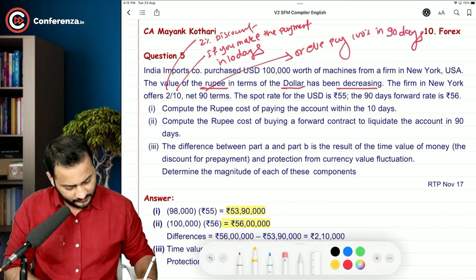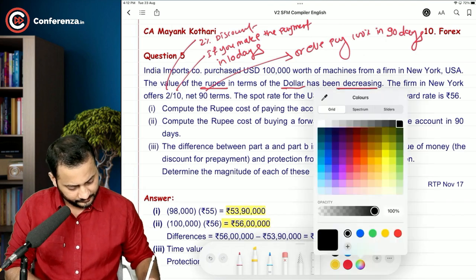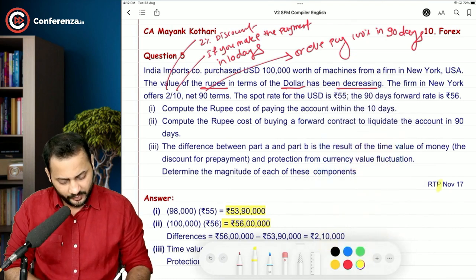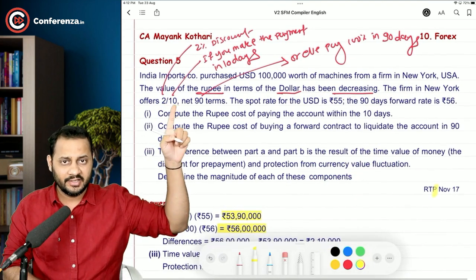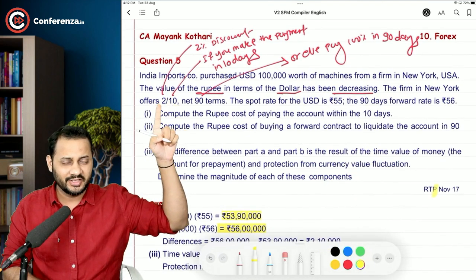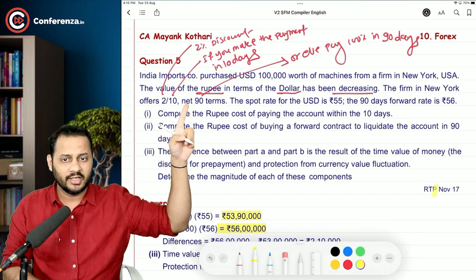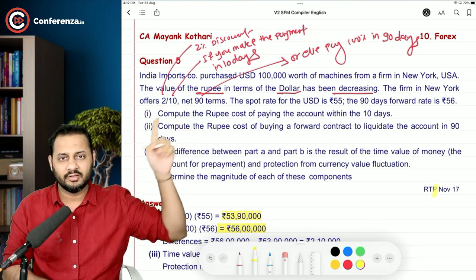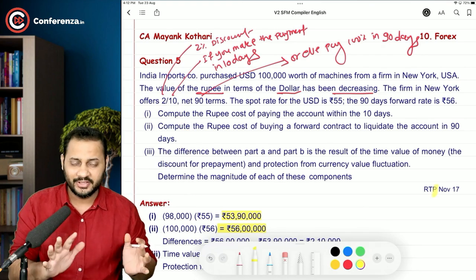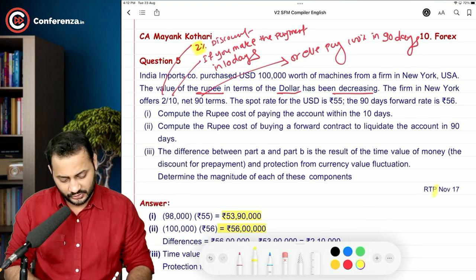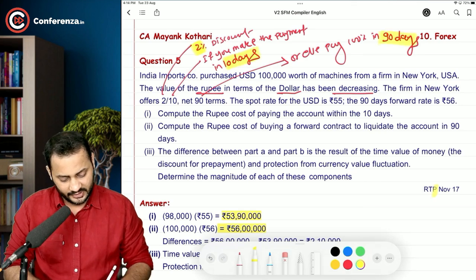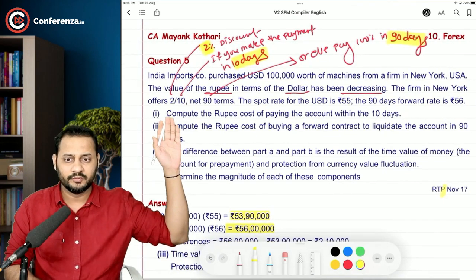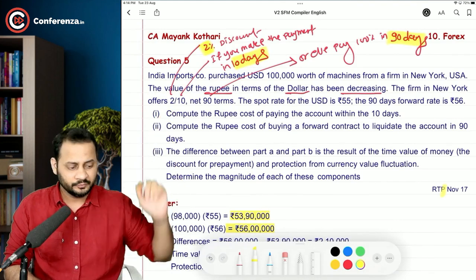So you understand that if you make a payment in 10 days, you will get a 2% discount on the invoice value. Otherwise, you have to pay the 100% without any discount in 90 days. So 2%, 10 days and 90 days. Do you get that? How to interpret this?